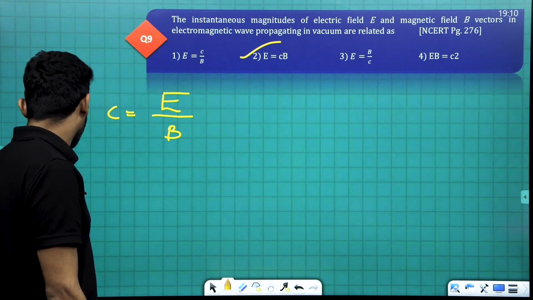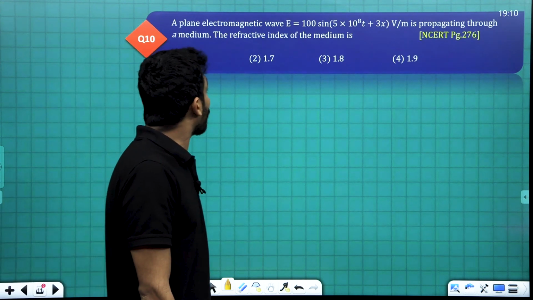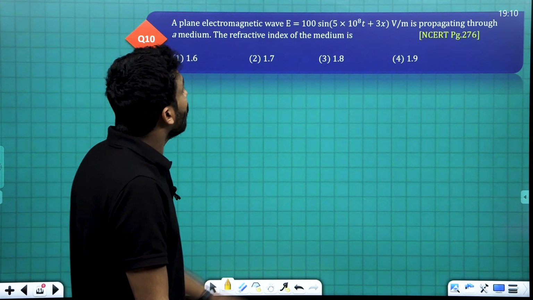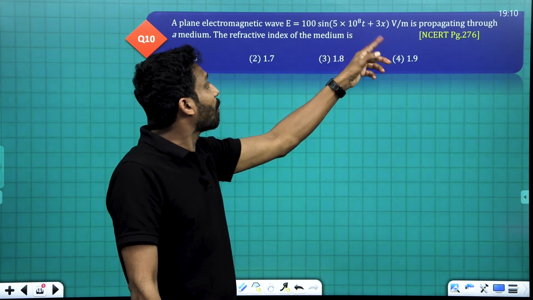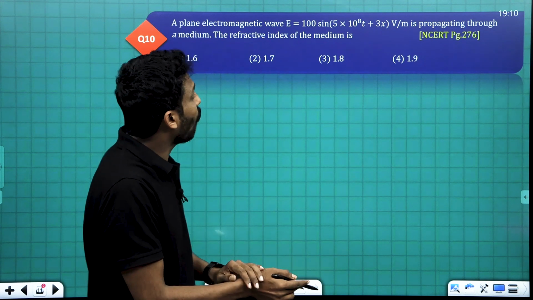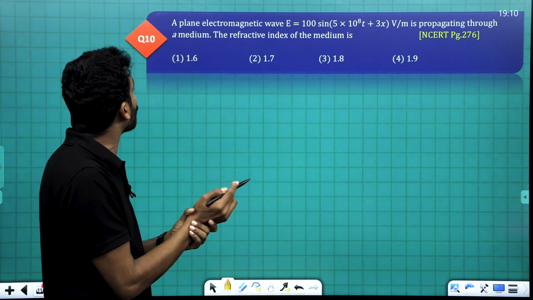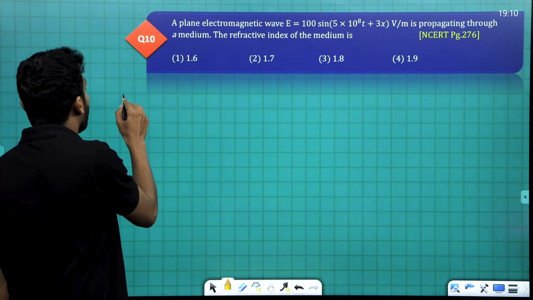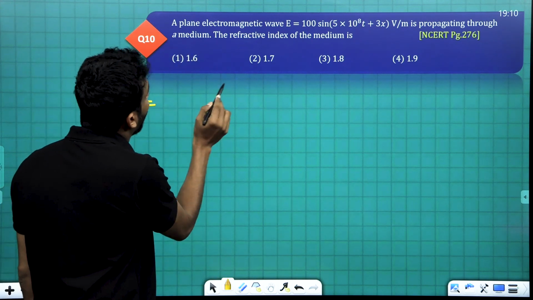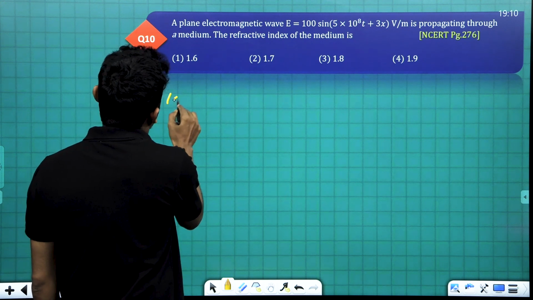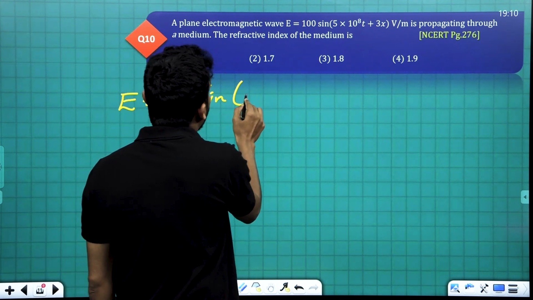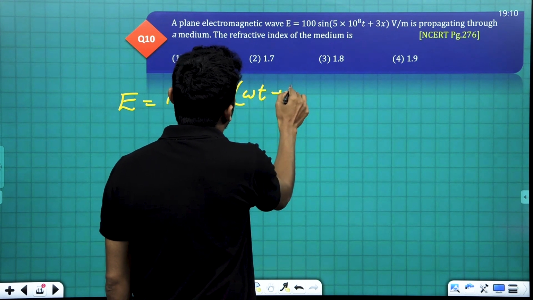Right? Yes. The next one, a plane electromagnetic wave E is equal to 100 into sine of 5 into 10 power 8 t plus 3x volt per meter is propagating through a medium. The refractive index of the medium is, here the instantaneous value is given as 100, that is the peak value, then sine of omega t plus kx.